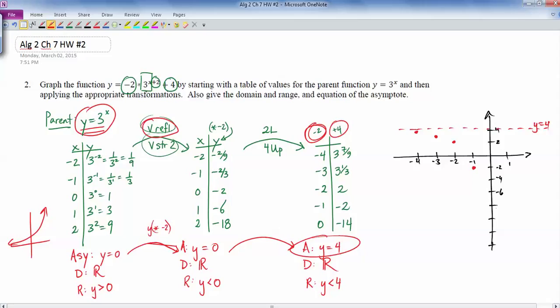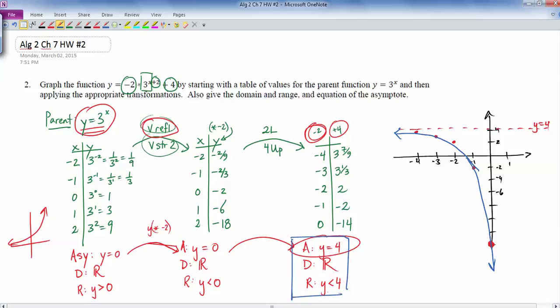And 0 goes all the way down here at -14. So you might be able to tell this thing does this. And then it shoots way down here, like that. Okay, so there's the picture, right there. And we already have the asymptote, the domain, and range all given.